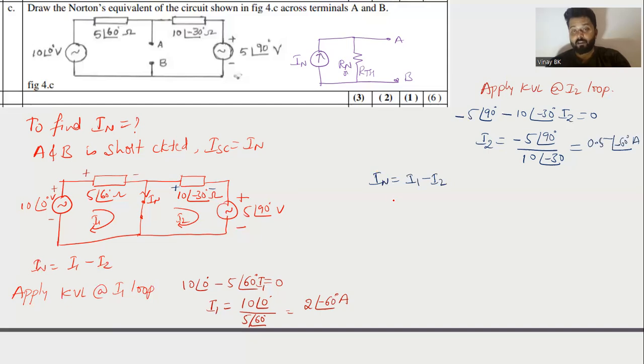I1 you already know, that is 2 at an angle of minus 60 degree, minus 0.5 at an angle of minus 60 degree.